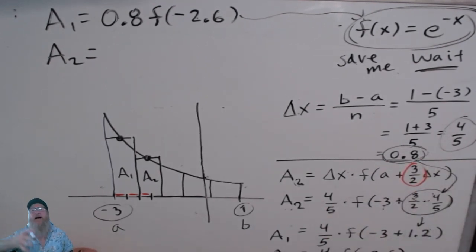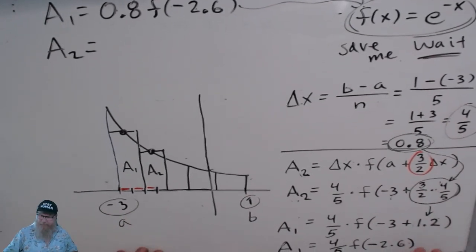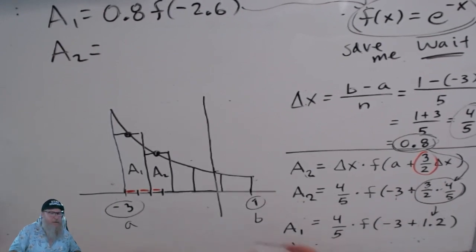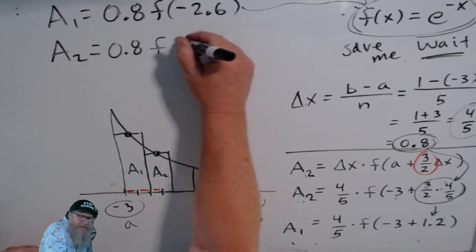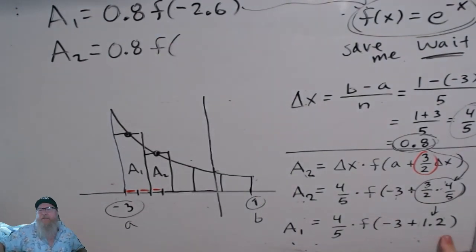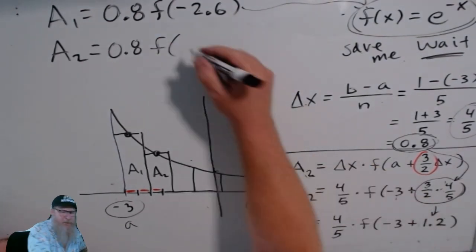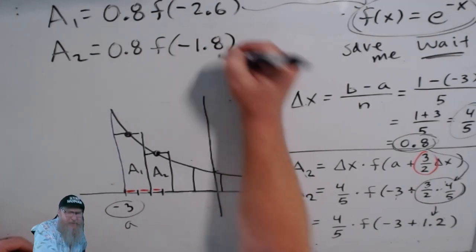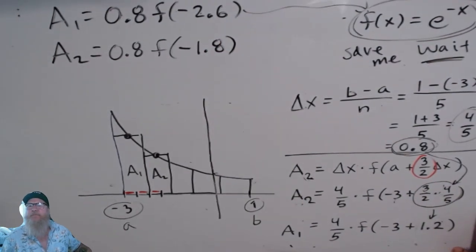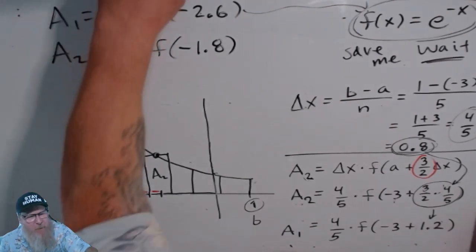And 1.5 times 0.8 is 1.2. So my A2 will be 0.8, that's my delta x, times f of negative 3 plus 1.2, which would be negative 1.8. And we only have 3 more to go.